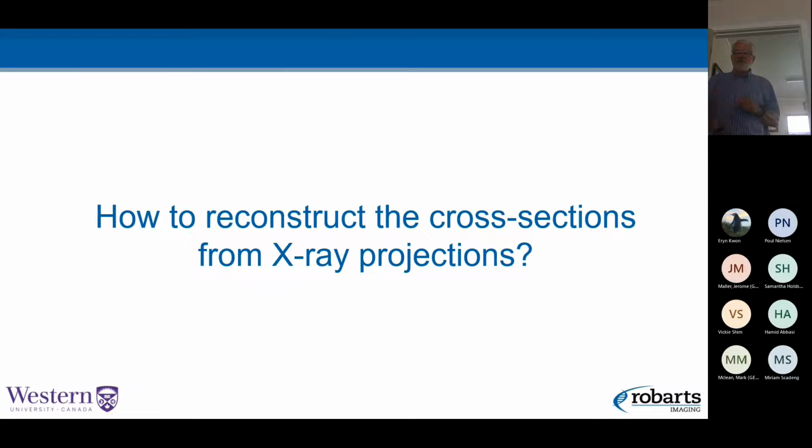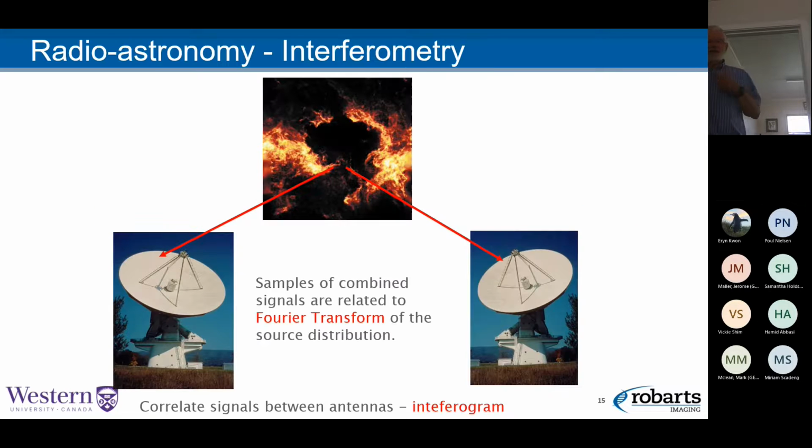So how do we reconstruct the cross-sections from X-ray projections? Well, we're highly motivated by work that had been going on even 10 or 15 years earlier in Australia with radio astronomy interferometry.